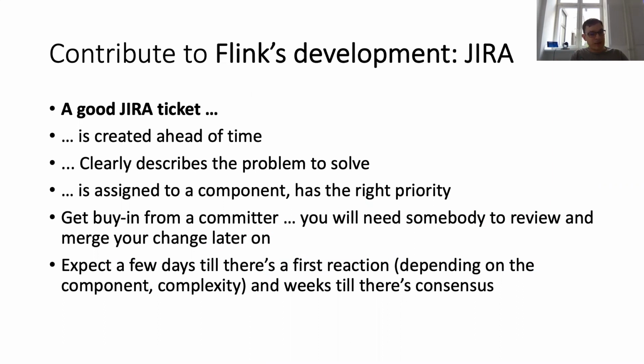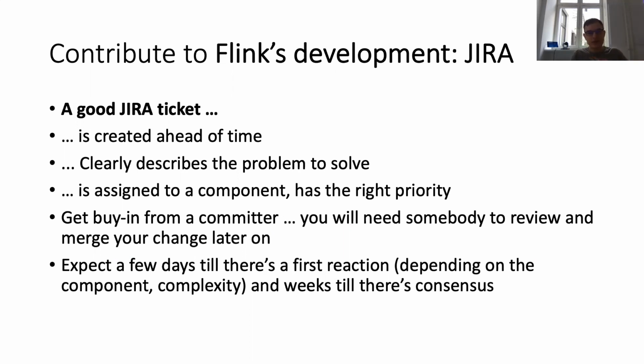The ticket should describe the problem to solve. It is assigned to a component, because only if it's assigned to a component will it get the attention from committers. If you're not assigning it to anything, then the people that are working on connectors or the people that are working on SQL just won't really see your ticket.